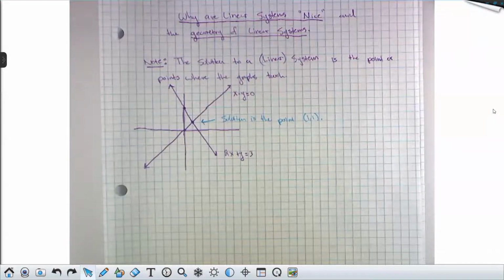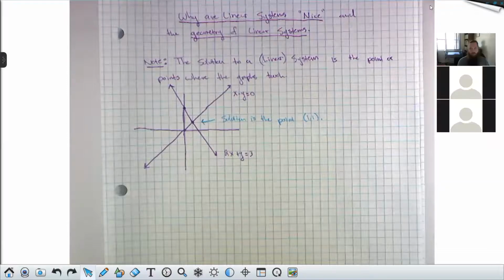So if you can graph the two lines, and you can see exactly where those two lines touch from the graph, then you don't even need to go through either elimination or substitution. You can just say, oh, the solution is that point where the two lines touch. Now, sometimes it's not easy to see that, like if there are fractions in the ordered pairs or weird numbers that aren't integers, it can be tricky to tell the exact coordinates from the graph.